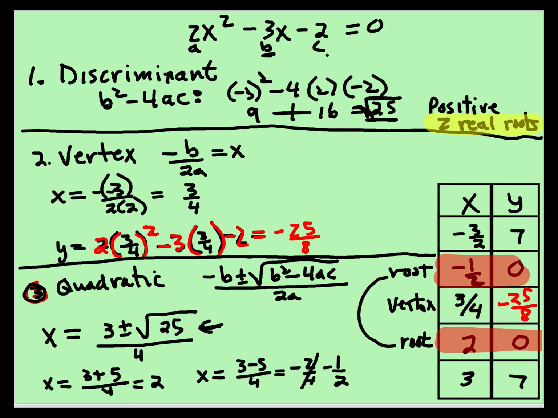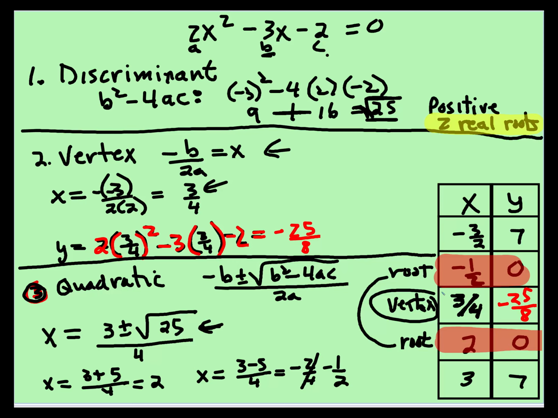All right, the next thing you're going to do is find the vertex. Remember, the vertex goes right here. The vertex is the opposite of b over 2a. So the opposite of negative 3 is 3. 2 times a, which is 2, is 4. So that's what goes here. That's 3/4.